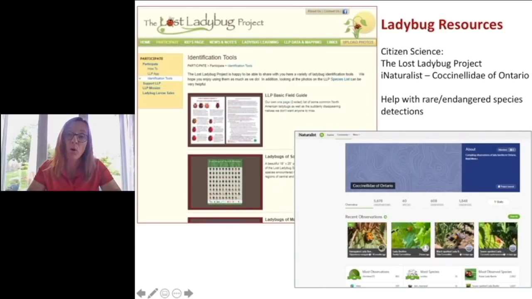And so there's some projects like the Lost Ladybug Project, or even iNaturalist. There's a project for Ontario species to help identify some of those rare ones and notify them if you find them, which would be great, so that we understand really how endangered they are, or maybe new detections that we didn't realize they were there. So something maybe you have your kids do.